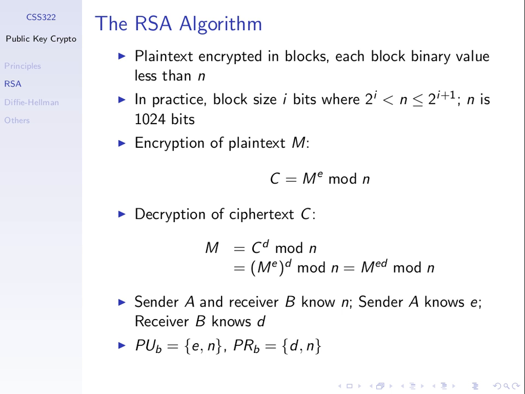So with the RSA algorithm, as with all public key cryptography algorithms, we need a public key and a private key. Let's, for our example, give you the public and private key.